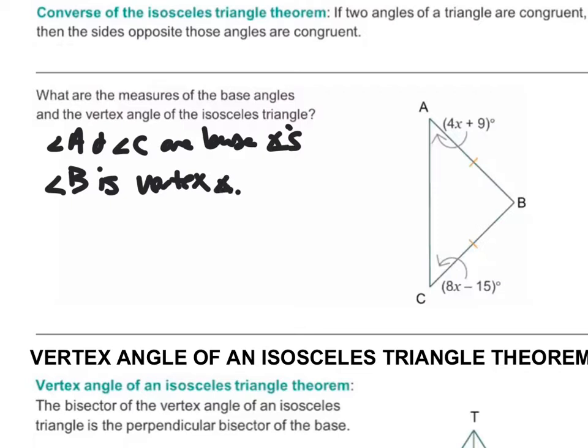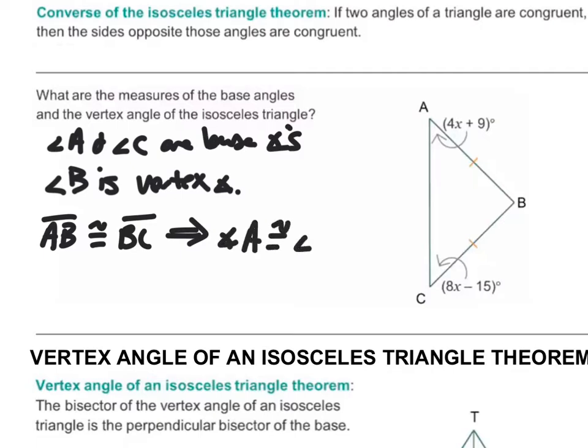This is an isosceles triangle, so segment AB is congruent to segment BC. Therefore, I can conclude that the base angles, angle A and angle C, are congruent.